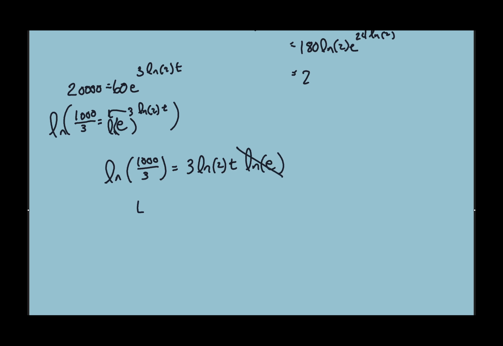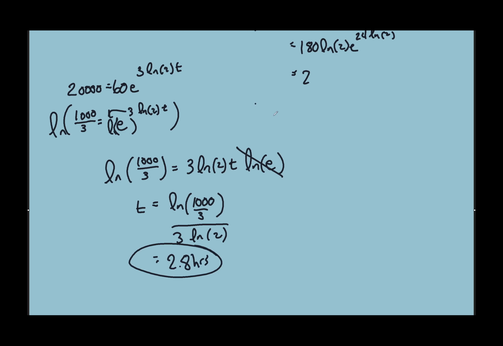So we'll take t equals the ln of 1,000 over 3 divided by 3 ln of 2. And my math says it's somewhere around 2.8 hours.